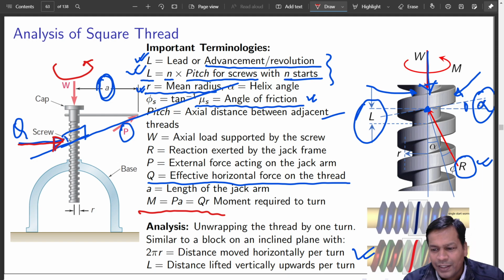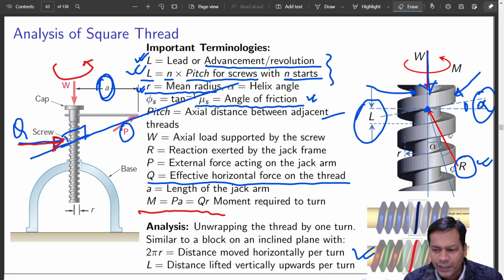It is at a distance which is the mean radius of the surface. So it is mean radius over here. So it is acting exactly like this. There is a Q that is trying to move something like this. Hope it is clear. We'll draw it once again, don't worry.